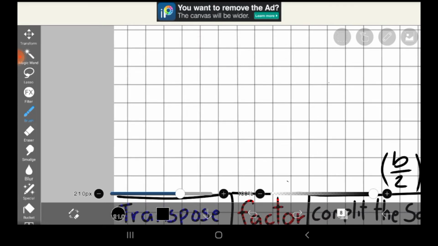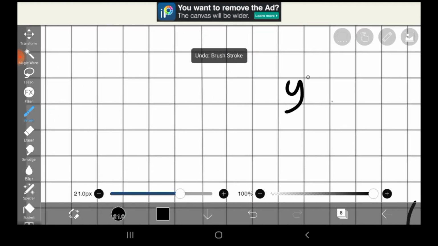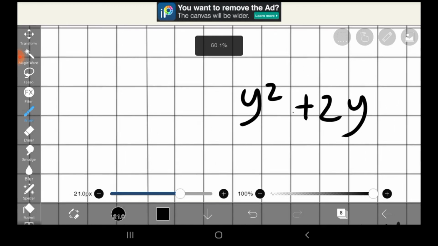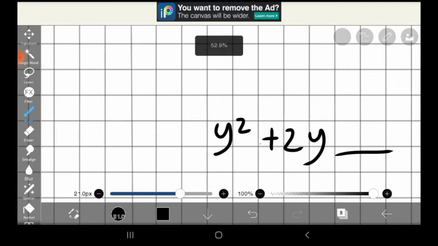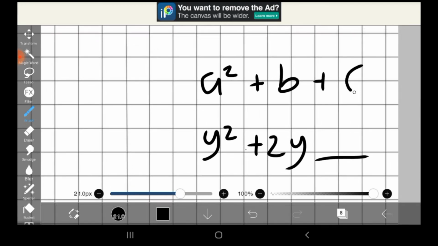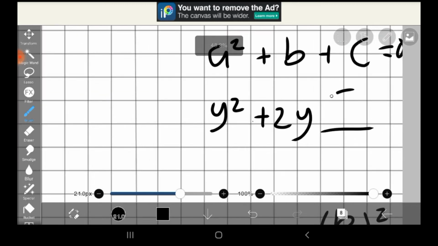Example, we have y squared and then positive 2y. Now we don't have the C term. What do I mean by C term? The leading term is always written as a squared, and then the second term is b, and then the constant is c, equal to 0. So we're looking for the constant.